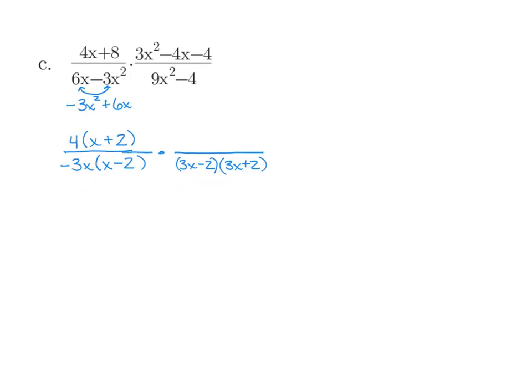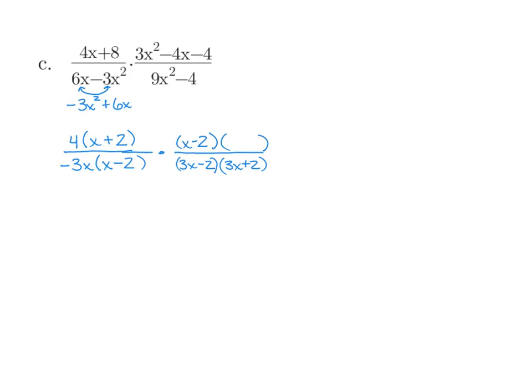Except for the greatest common factor, x minus 2 and 3x plus 2 and 3x minus 2, all of these could potentially be factors for the numerator. To get maximum cancellations, I think x minus 2 is what I want to start with.